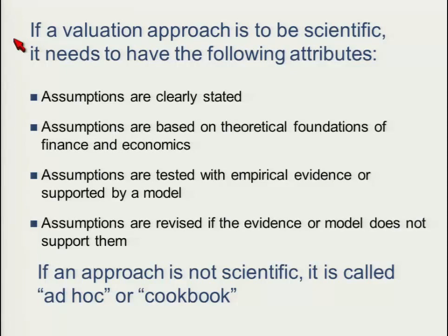And if the evidence or the model doesn't support the assumptions, either your discovery of this or someone else's discovery of this, the assumptions need to be revised. And so science is an iterative process. If this process is not followed, the approach is what's called ad hoc or cookbook. Okay? Ad hoc or cookbook. So science tries to get rid of ad hoc methods or cookbook methods.